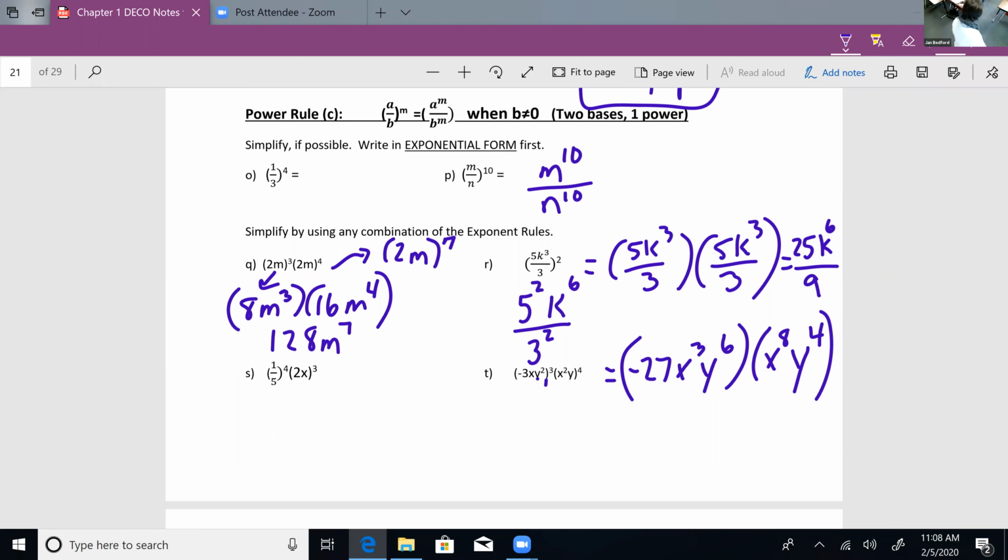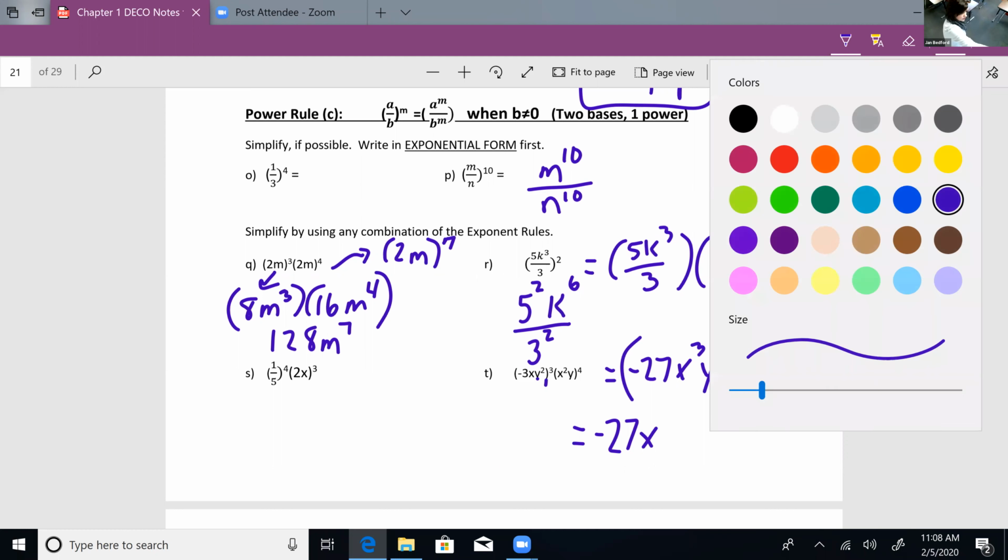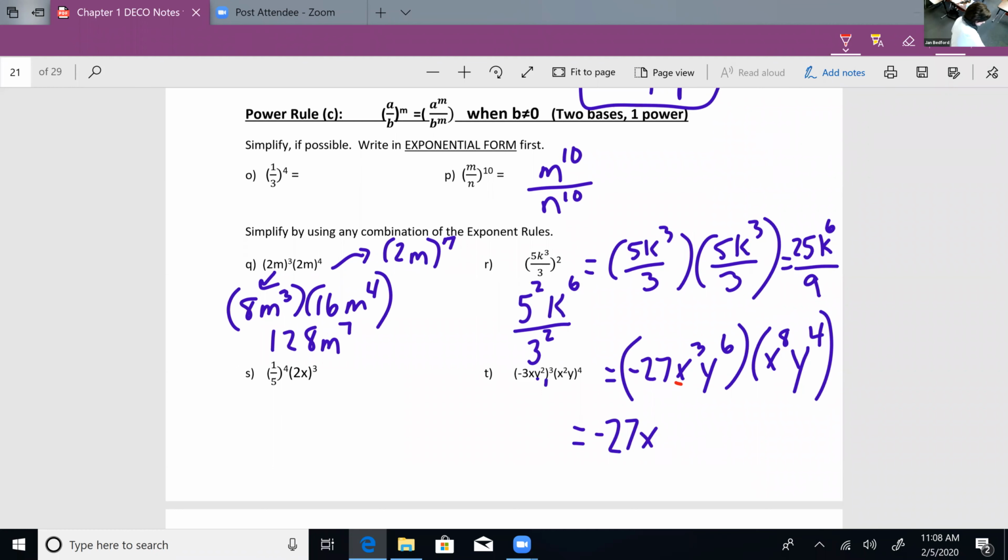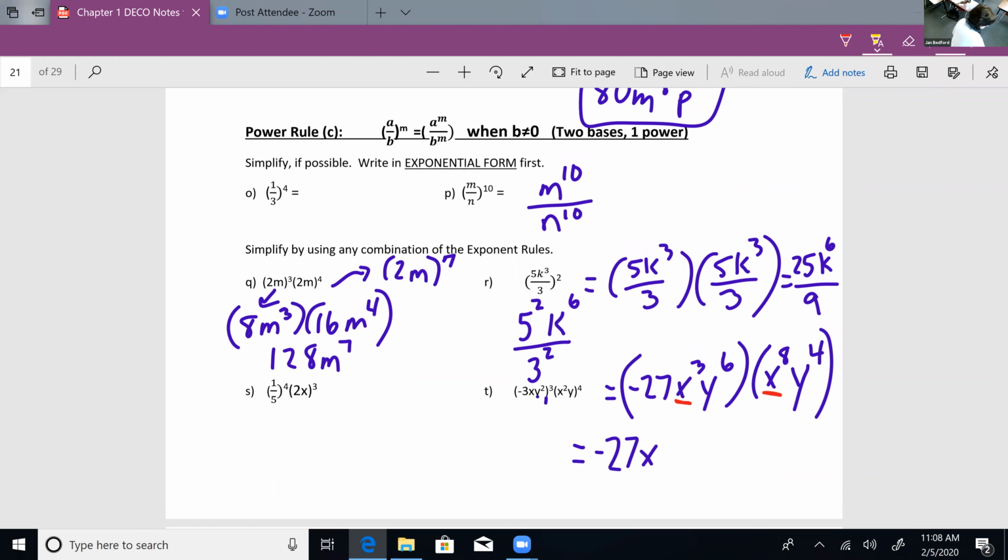So does anything happen to -27, or does it just stay the same? It stays the same. But I'm going to get x to the what power? I've got x to the 3rd here times x to the 8th here. If I put those together, that's how many x's? X to the 11th.